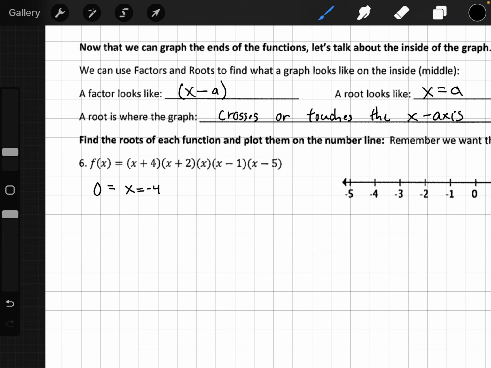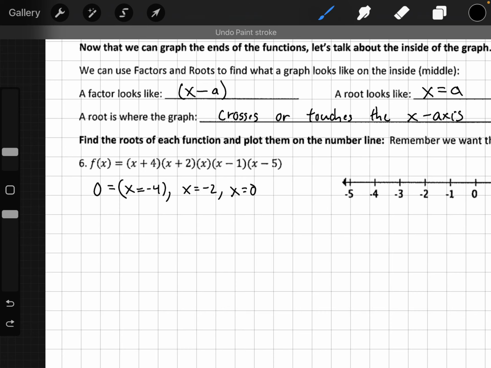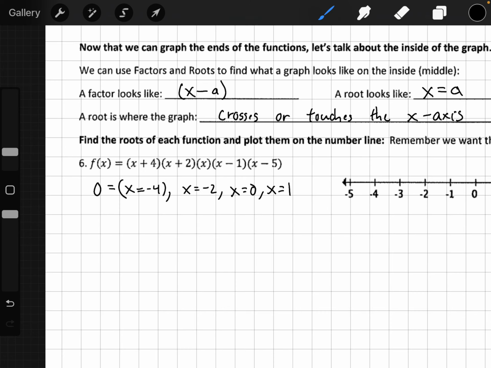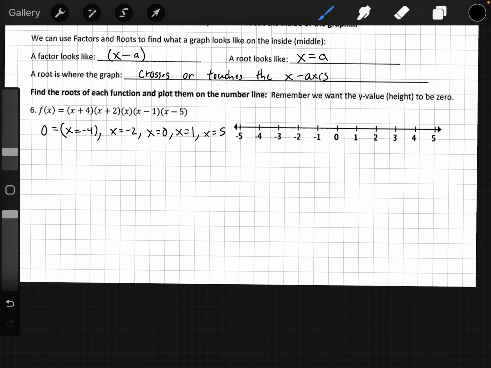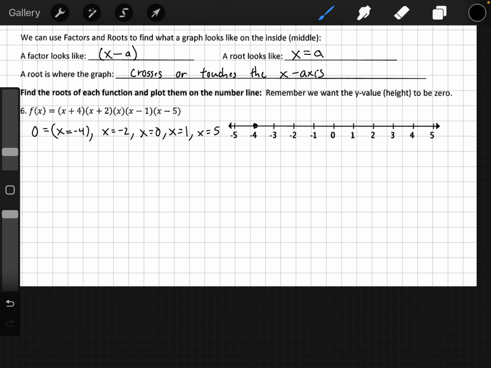So x equals negative 4. x equals negative 2. x equals 0. x equals positive 1, and x equals positive 5. So on the number line, we'll point it here at negative 4, negative 2, 0, 1, and 5.